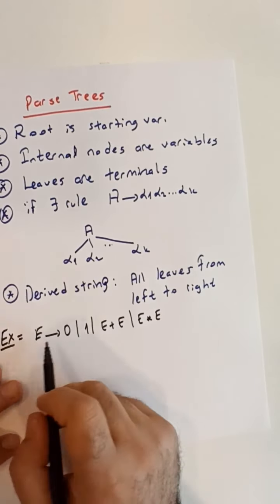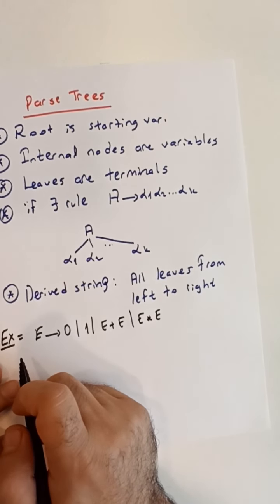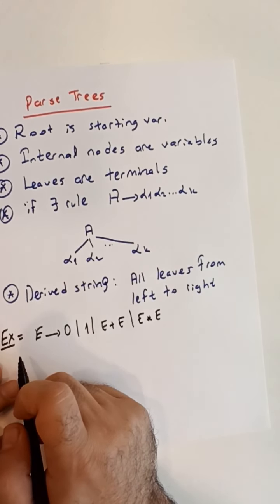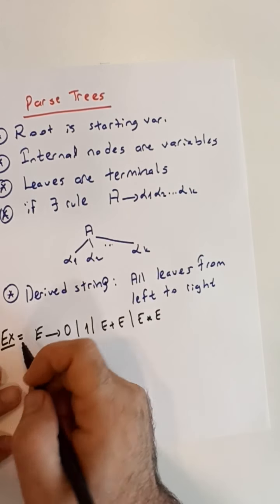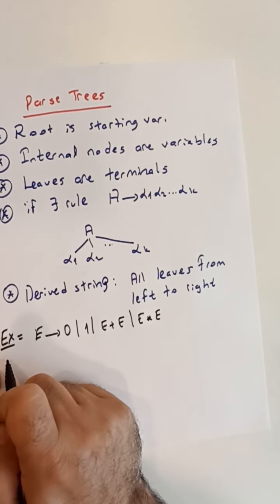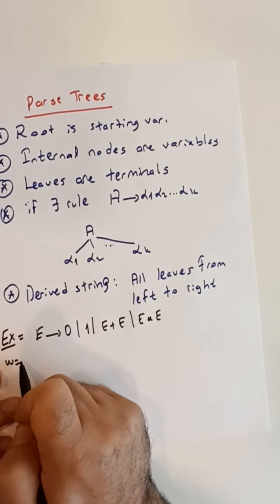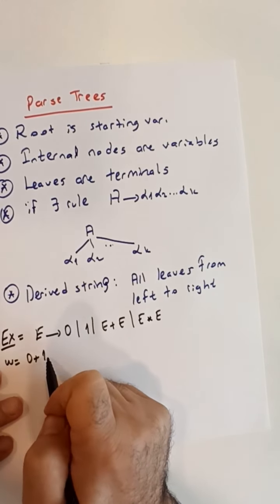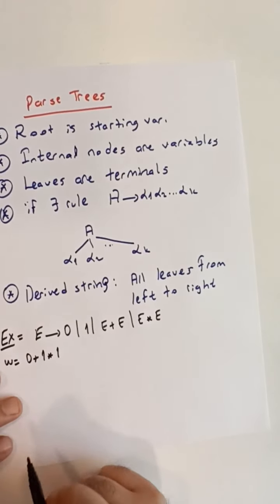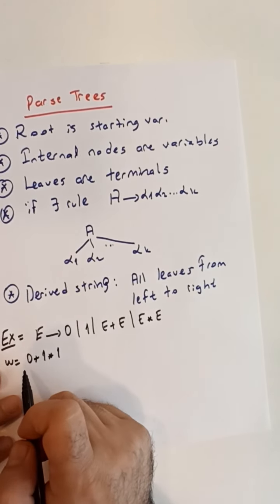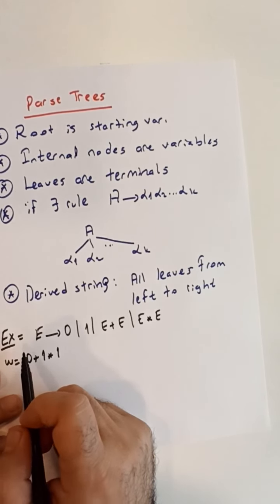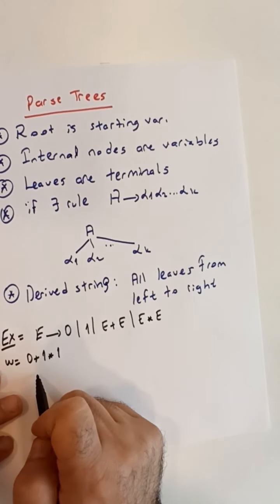Given this simple grammar, let's try to see how a sample string can be derived using parse trees. Let's take the string w equals 0 plus 1 times 1. If we consider this simple string, the root should be our starting variable. In this case, our starting variable is e.